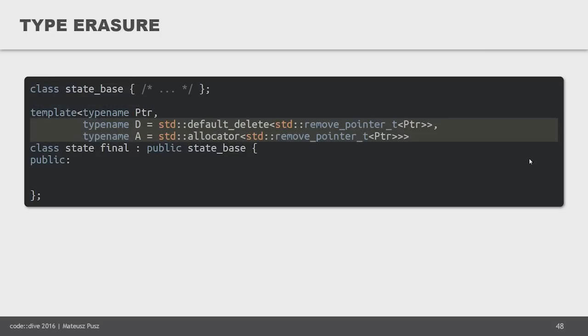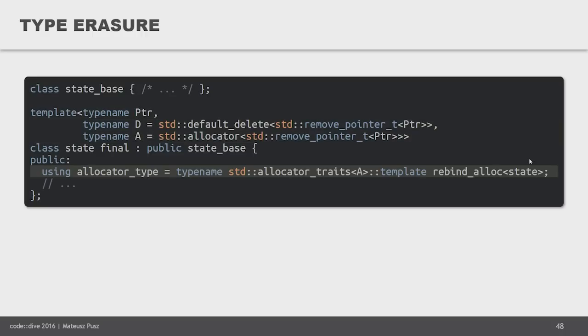OK, so let's type erase our deleter and allocator. We're adding new types to our class and providing some default values for them to just defer to the defaults used by the standard library. So default delete and allocator. And we are providing the allocator type in our state.